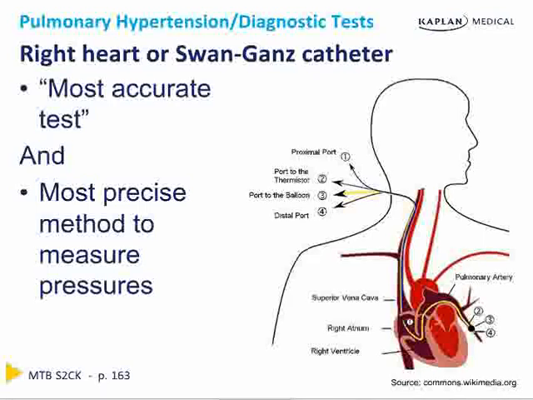A small balloon at the tip of the pulmonary artery catheter can be inflated and wedged into one of the distal pulmonary arteries. This is a way to measure the pulmonary capillary wedge pressure, which is an estimate of left atrial pressure and hence the left ventricular end diastolic pressure.